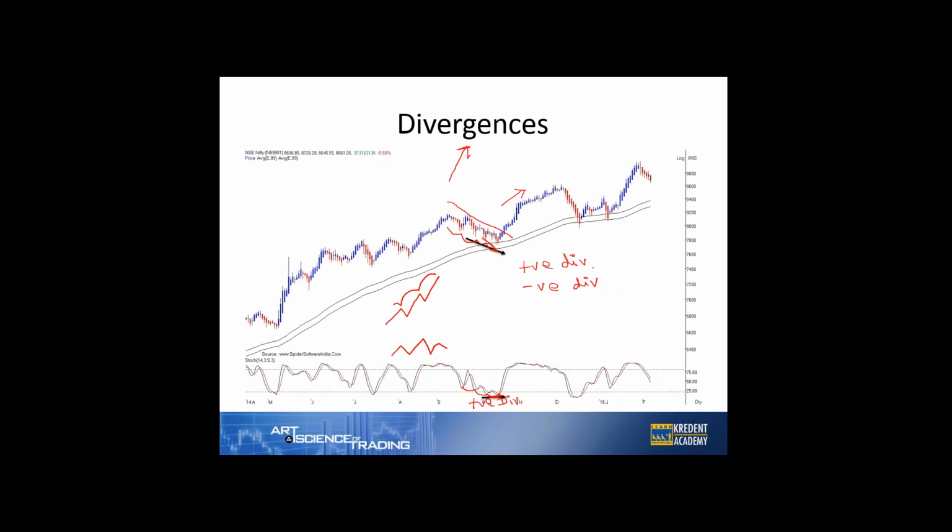But if you have a stage where prices make a higher high, but the stochastics, this is the stochastics, this is price, fails to make a higher high. On the other hand, it makes a lower high. A sequence of this where the price is diverging from the stochastic, or the stochastic is not matching the price, is called a negative divergence.